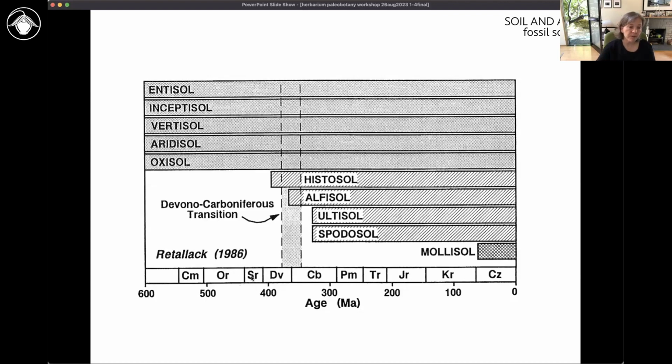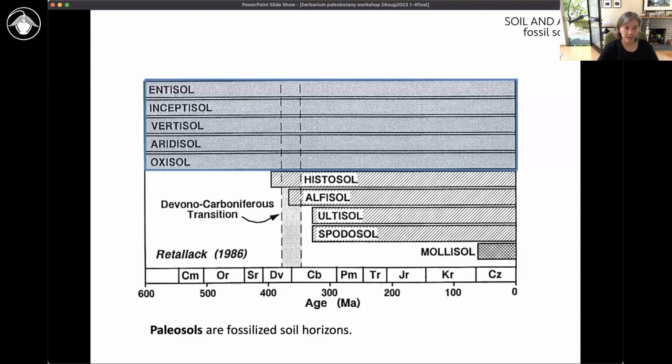And before the end of the Devonian, you do recognize certain what we call soil types, or paleosols, so fossil soils. But a lot of those soils do not have evidence for life in them.